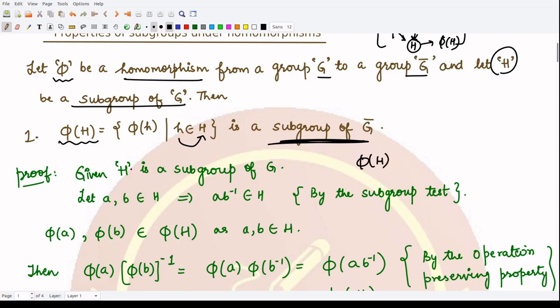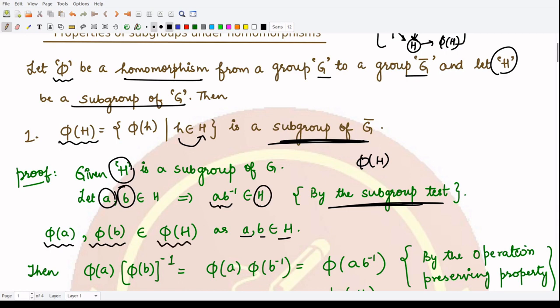Because H is a subgroup, if you take any two elements within it, a and b, then by the one step subgroup test, a b inverse is also present in H, correct? Now because a and b are present in H, take their images phi of a and phi of b in phi of capital H. What would be this element?